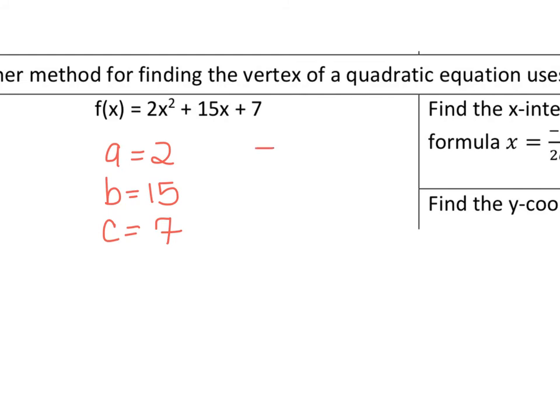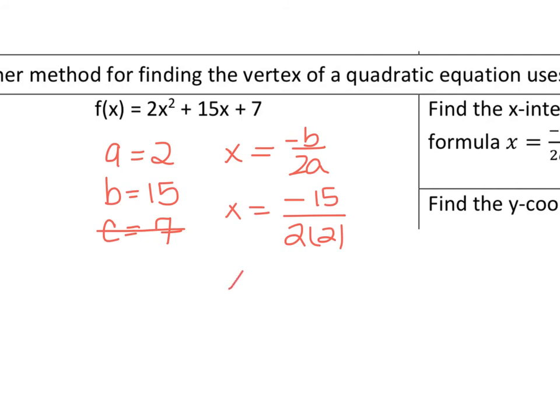So we're going to use the formula x equals negative b over 2a to find the x value of the vertex, or the axis of symmetry. I'm going to take out b and plug in 15. I'm going to take out a and plug in 2. We really don't need c for the axis of symmetry.